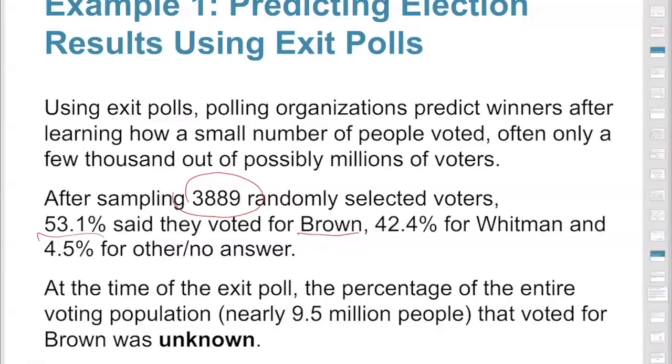And 42.4% for white men and 4.5% for other or no answers. These are the results from this sample of 3,889. As you can see, N here is large.